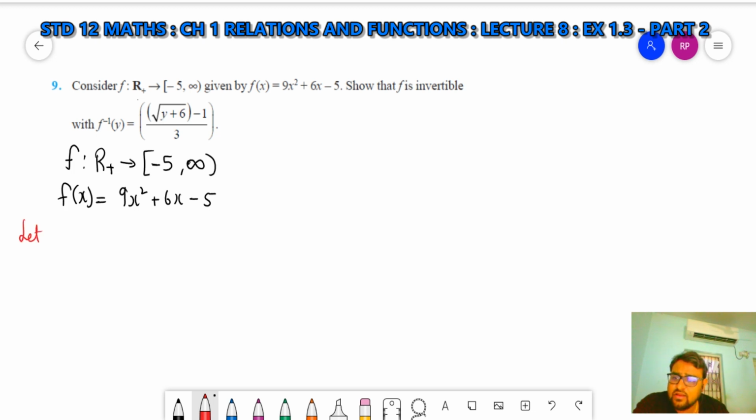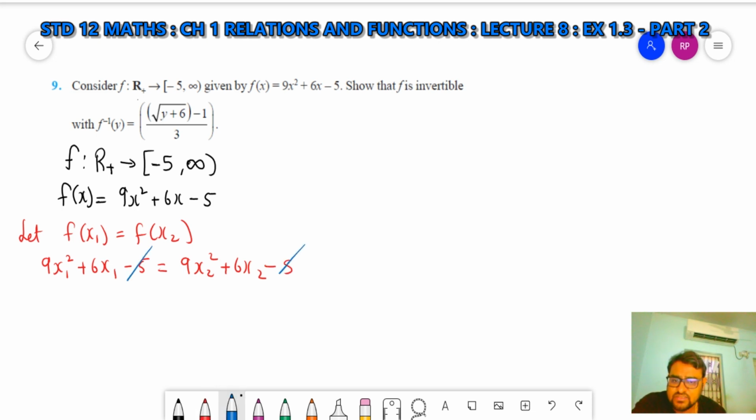Let f of x1 will be equal to f of x2. Then 9x1 square plus 6x1 minus 5 equal to 9x2 square plus 6x2 minus 5. So see, minus 5 gets cancelled. So 9x1 square minus 9x2 square, 9 common, plus 6x1 minus 6x2, 6 common.